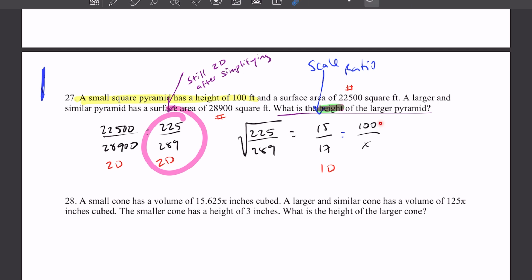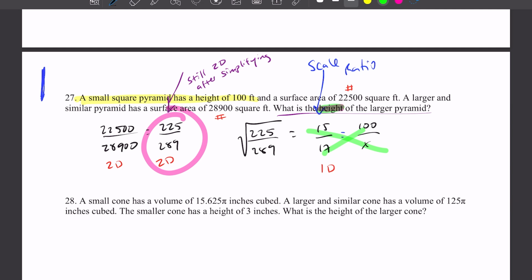I have to put 100 up top and then x down below, because this 15 came from the small square pyramid and the 17 came from the large square pyramid, right? So I need to write 100 over x, not x over 100.